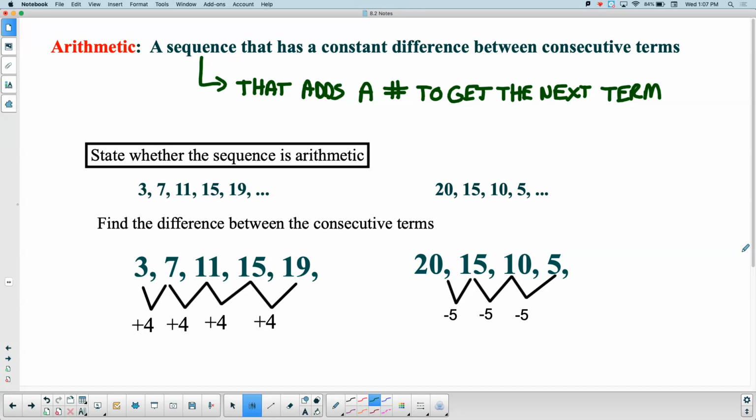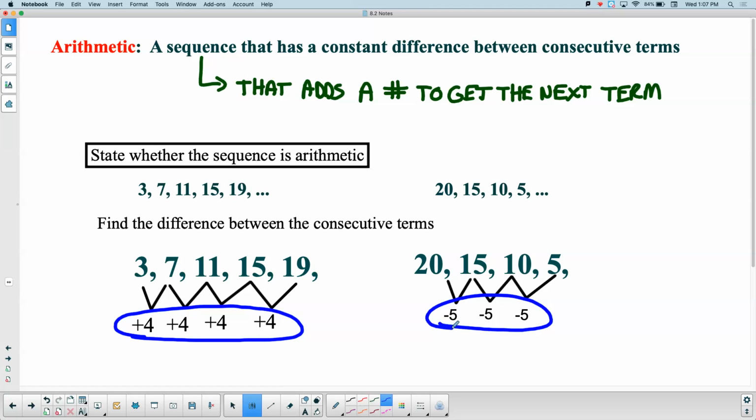This number down here and down here, we call that the common difference.